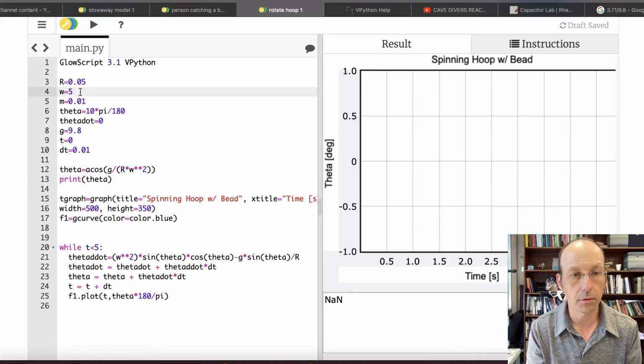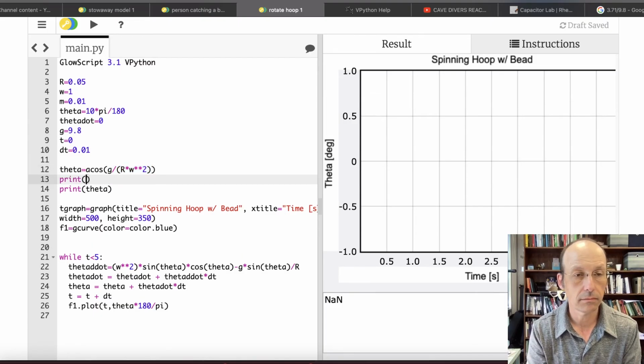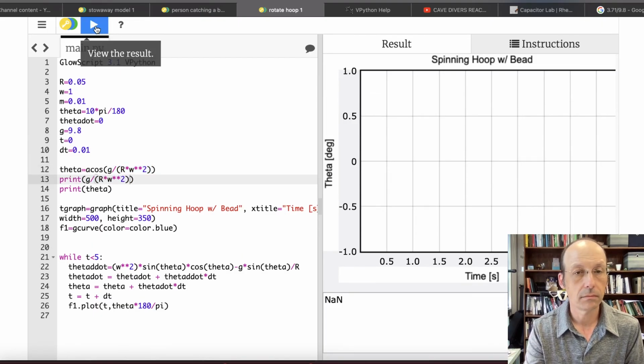Let's see if I put this lower at 1. Not a number. G is 9.8 divided by, let's just print this. 196.